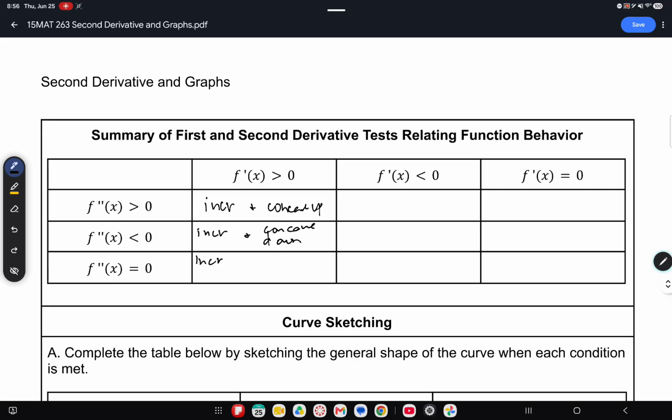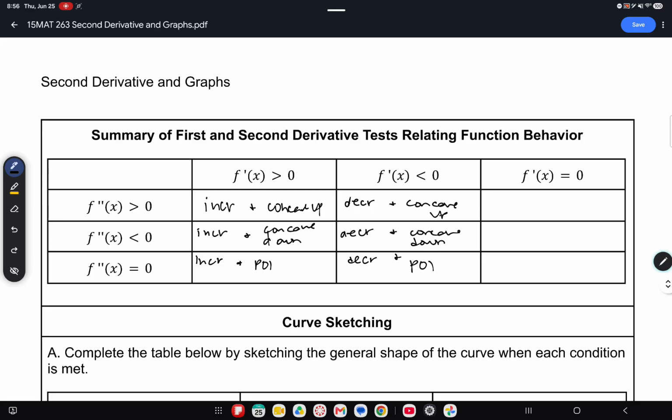And then if the second derivative is equal to 0, we're increasing, and there's probably a point of inflection. The difference in this column is instead of increasing, we're decreasing because that first derivative is negative. So decreasing and concave up. And then we're decreasing and concave down. And decreasing and point of inflection, right?